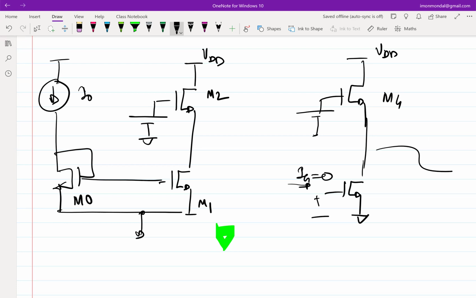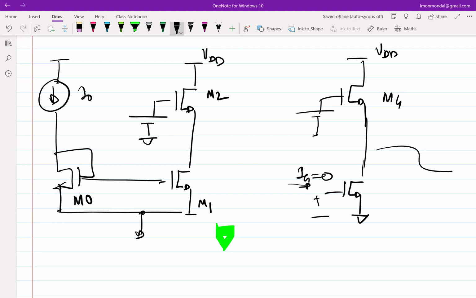The condition of M0 is pretty straightforward. Drain and gate are always connected. So it's in saturation. Don't have to bother. But what about M1? How do we need to size M1 or M2 in order to ensure that M1 remains in saturation?